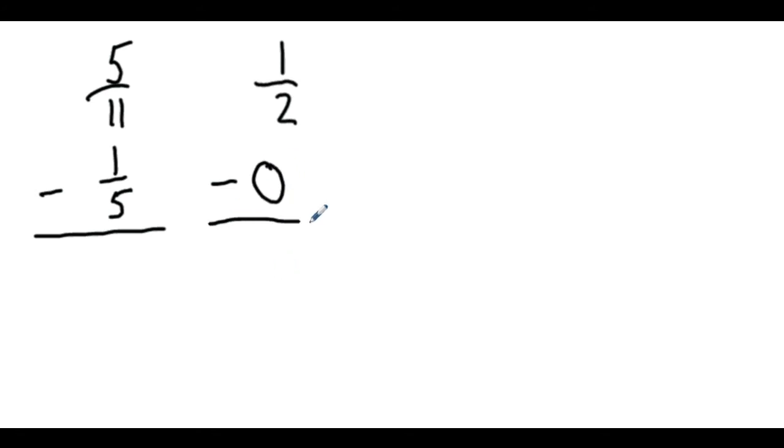And now I write my difference line, and as you already know, anything minus 0 is itself. So 1/2 minus 0 is 1/2. So when I think about this, I can say that 5/11 minus 1/5 is about 1/2.